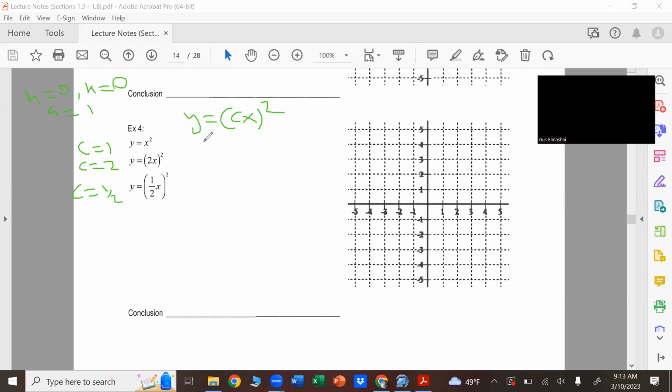So this is a little different. This is going to be called a horizontal. I'll tell you the conclusion right now, just so you know. C horizontally shrinks or stretches. It's definitely counterintuitive. You'll see why.